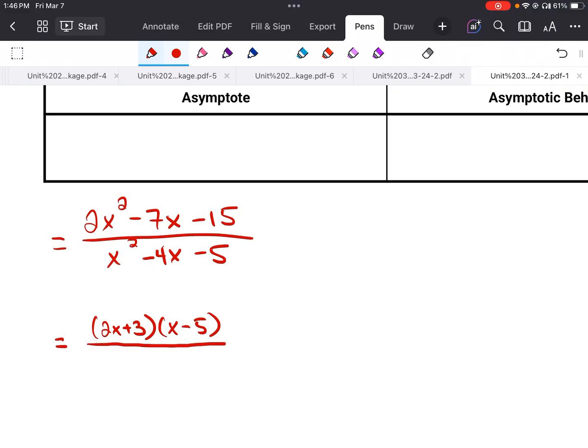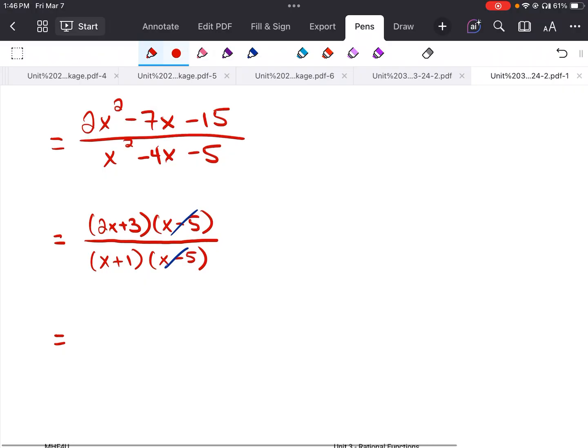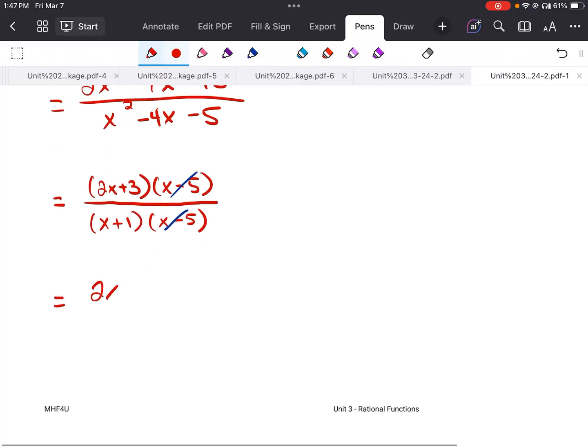And when we factor the simple quadratic equation of the denominator, we get x plus 1, x minus 5. Okay, we see a common factor on the numerator and the denominator, so let's get rid of that, creating a hole. And our simplified expression is 2x plus 3 over x plus 1.